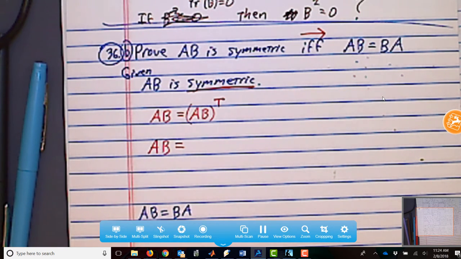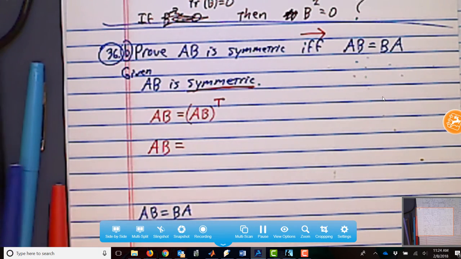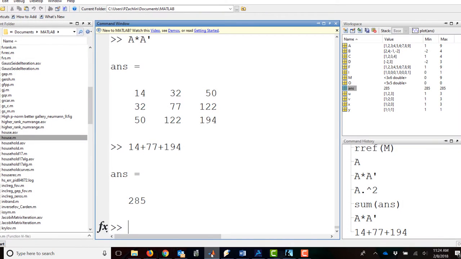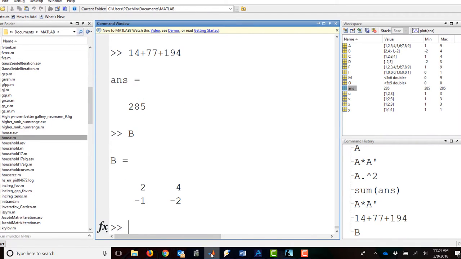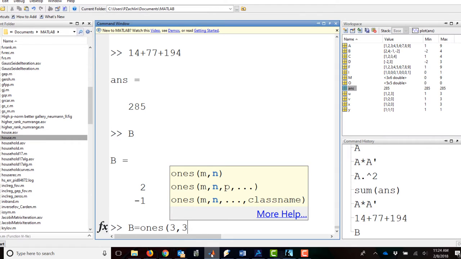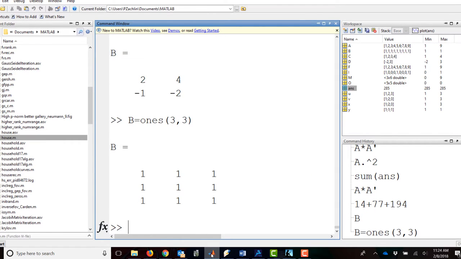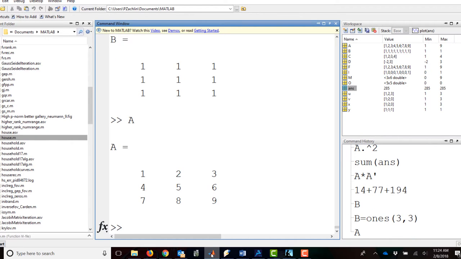Yeah, I guess, is that true? Is it true that AB transpose... Well, let me try it on MATLAB. What the heck? So do we have a matrix B in here? No, that's not big enough. Let's make B a matrix full of ones. Yeah, that's a different one. There's a different matrix B. Okay, and here's my matrix A. So what do I want to try here?